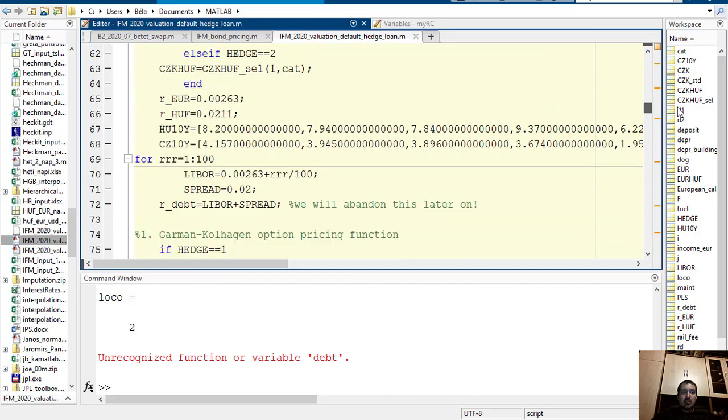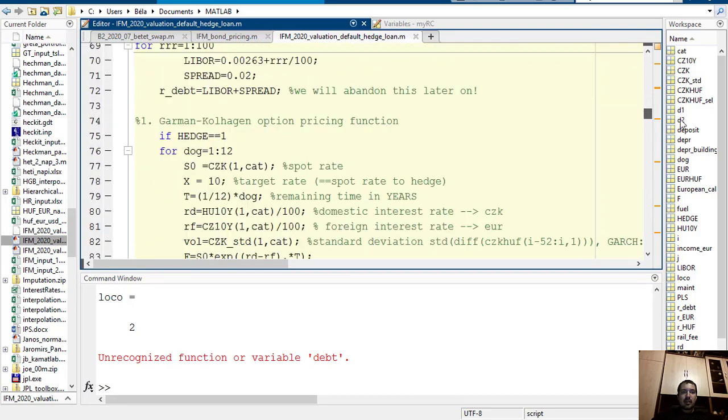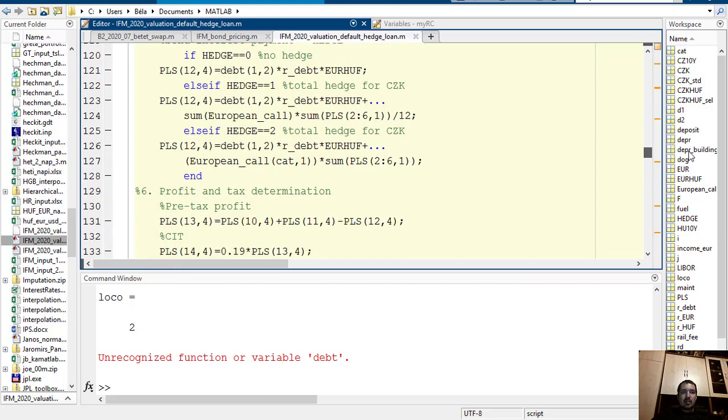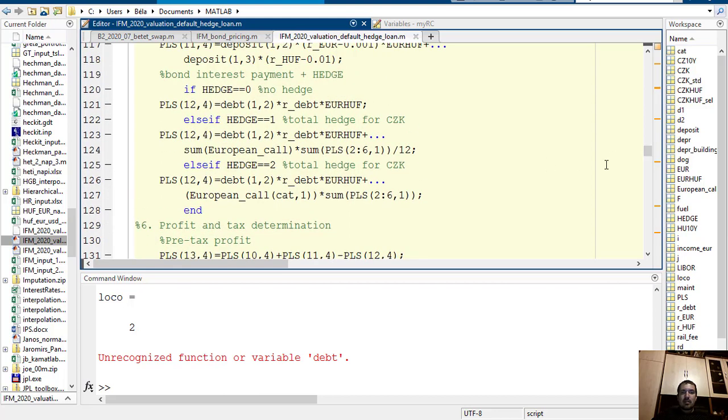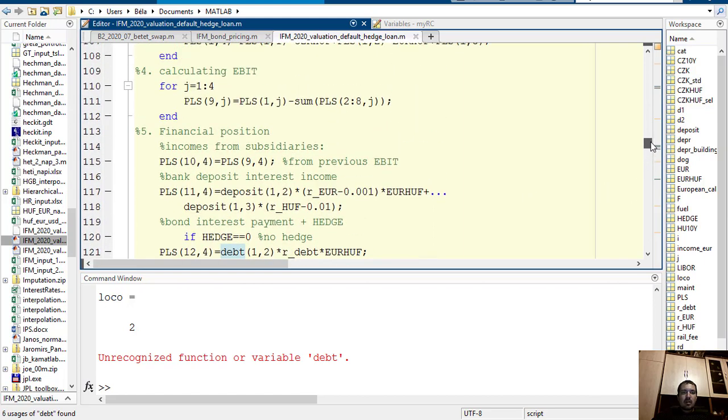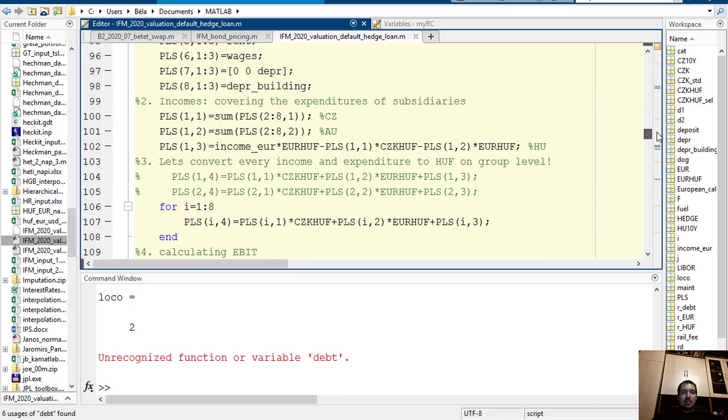What happened here? Maybe I accidentally deleted the debt.